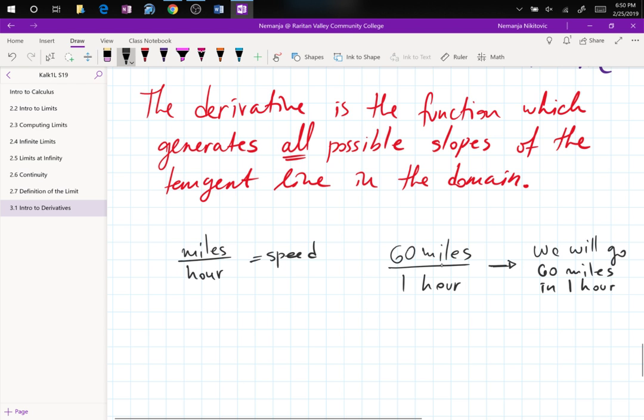So all of these things are measured by the derivative. And all we care about is the tangent line, because of the tangent line's slope. The steeper the tangent line, the faster the change. The less steep the tangent line, the slower the change.